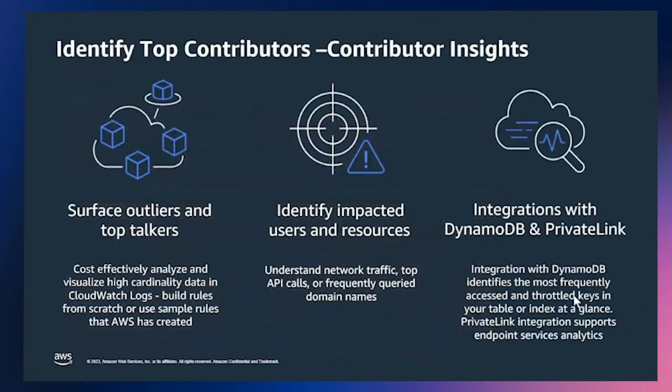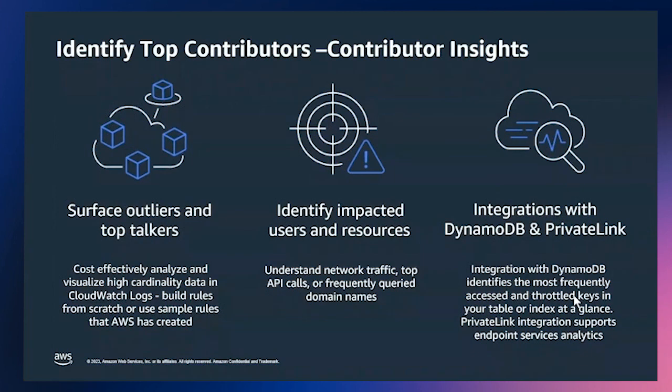Another insight which you can derive from your logs is to understand who are the top contributors to either the traffic, errors, or API calls. Contributor insights, which is a capability of CloudWatch Logs, can be used for this purpose. It can be used to surface outliers and top blockers. We can do this by building rules from scratch or using predefined sample rules for specific AWS services, which you can use to analyze the logs as they are being ingested and use the rules to build the top-end analysis.